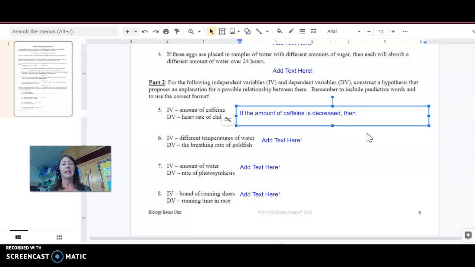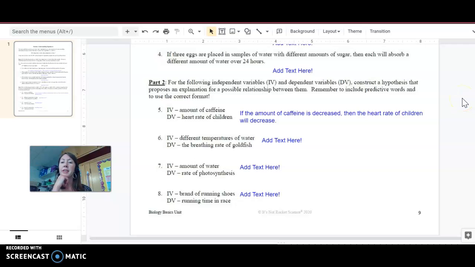Because they're probably tired and their brains will want to go to sleep. So I'm going to say then the heart rate of children will decrease. And so let's take a quick look at that. If the amount of caffeine is decreased, then the heart rate of children will decrease.